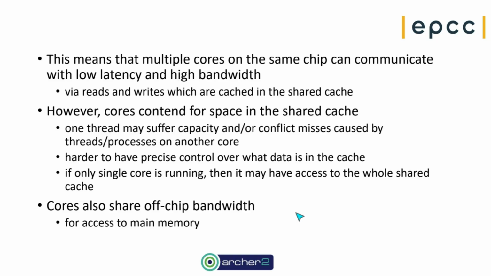This is a little bit more detailed, and we'll talk about this more when we're talking about optimizing for the memory system. Most importantly, cores share off-chip bandwidth for access to main memory, and this is a serious problem in modern processors, as we'll talk about in more detail.